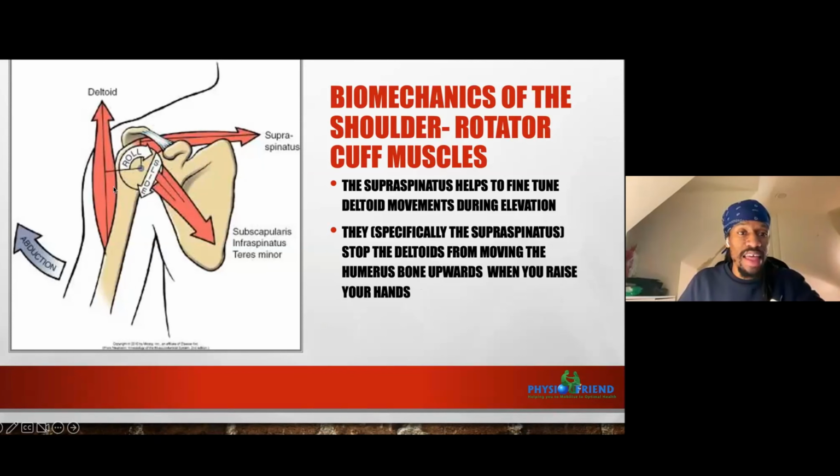As that's pulling up and wants to go out of the socket, on this side the supraspinatus, primarily, you can see it really holding that head of the humerus, and that creates a rolling back into the joint. I hope that diagram is clear.